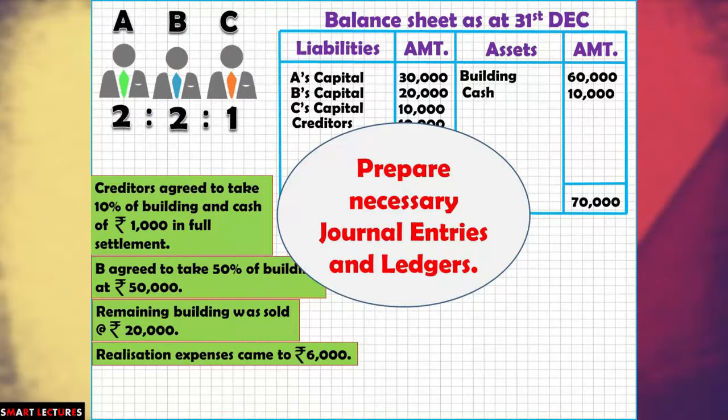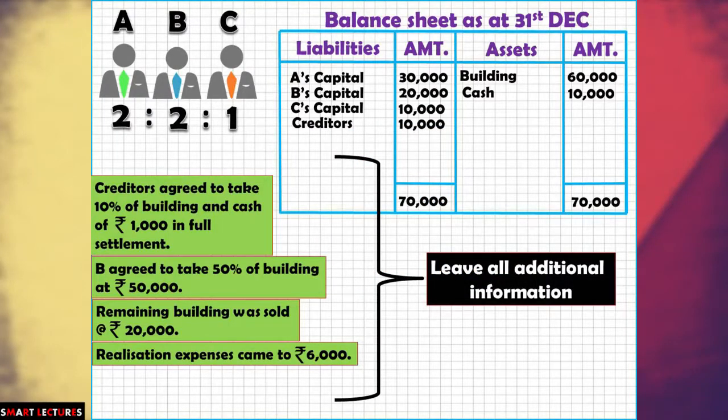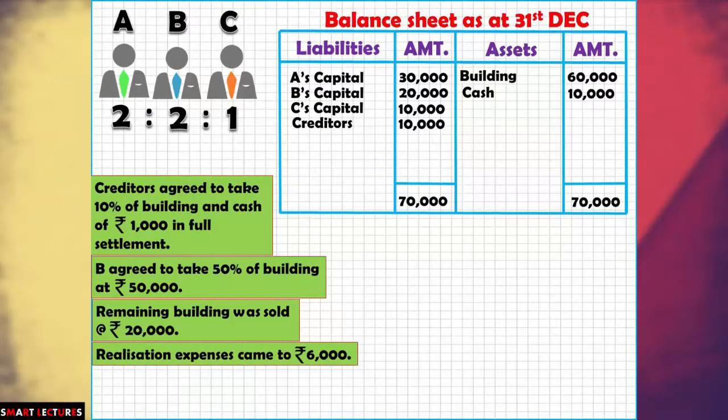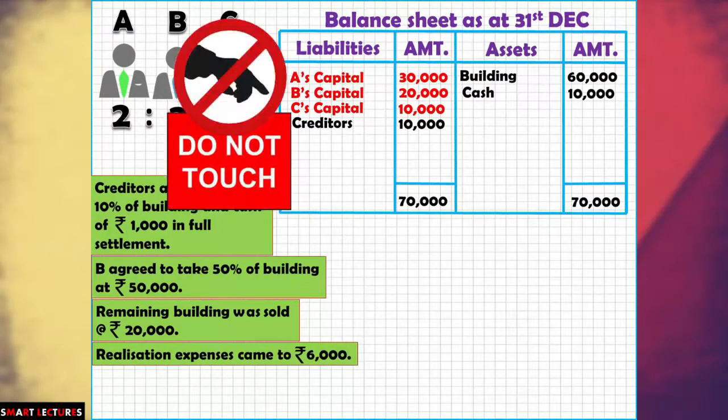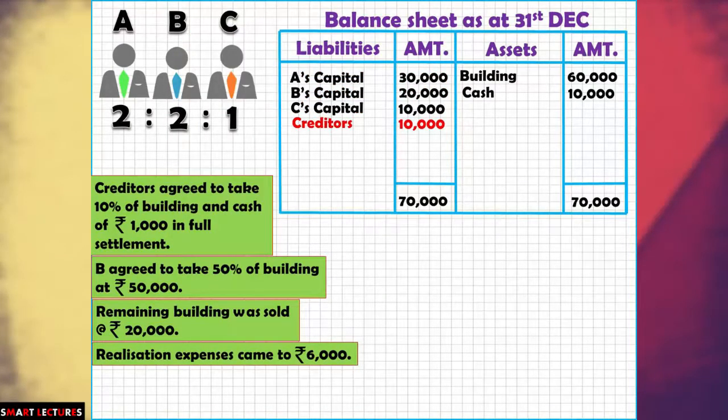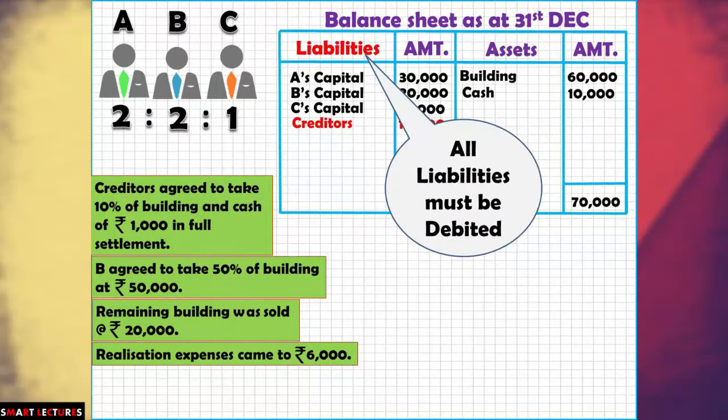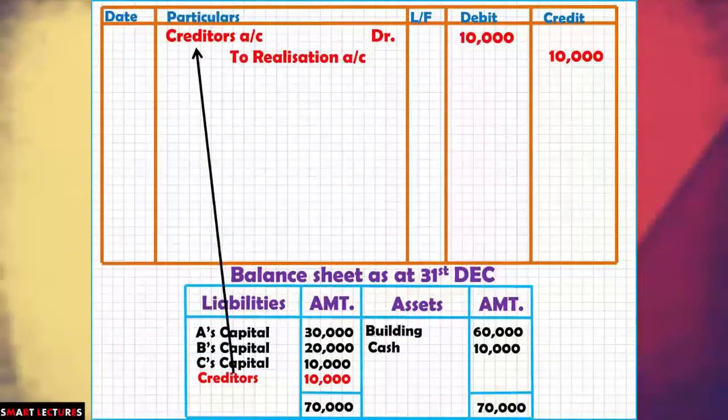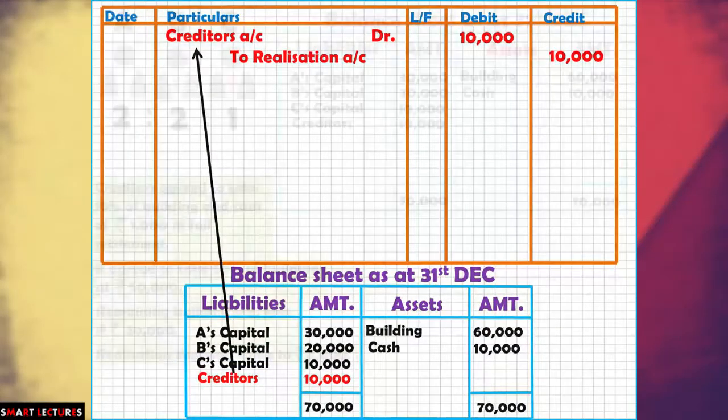So first of all, leave all the additional information and focus on the balance sheet. Capital of A, B, C cannot be touched, but creditors, all liabilities must be debited just now. So creditors account debit rupees 10,000 to realization account 10,000. Then come to the asset side.